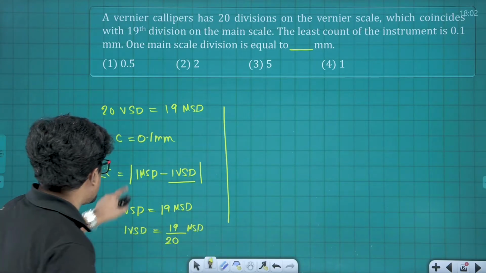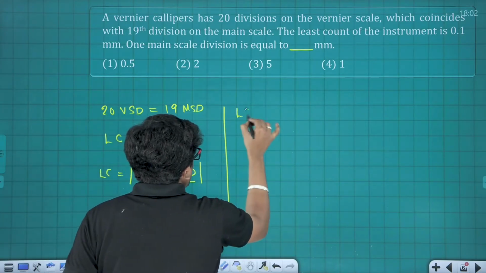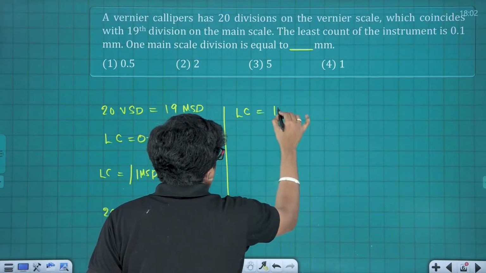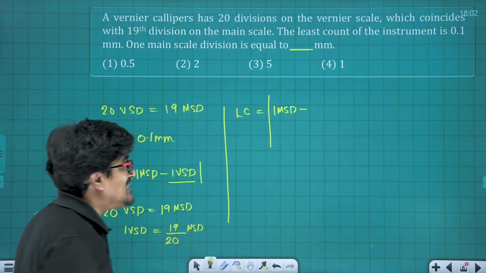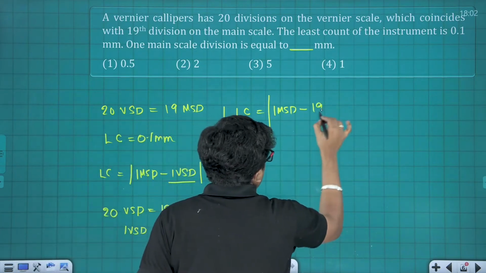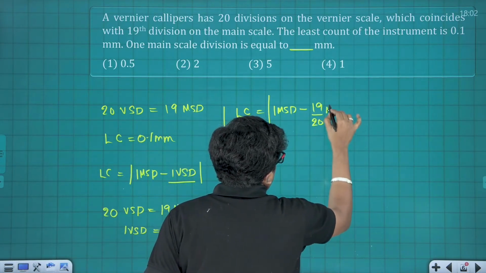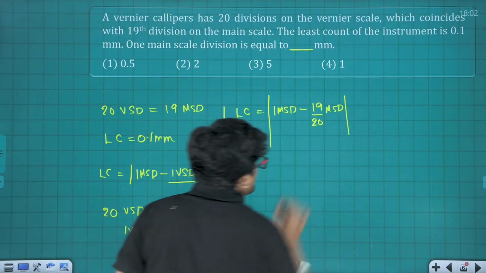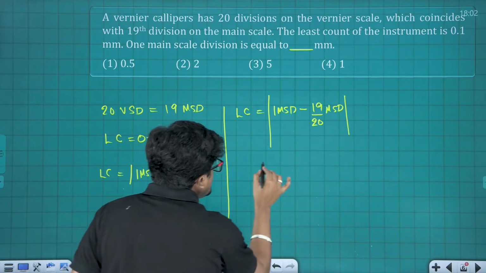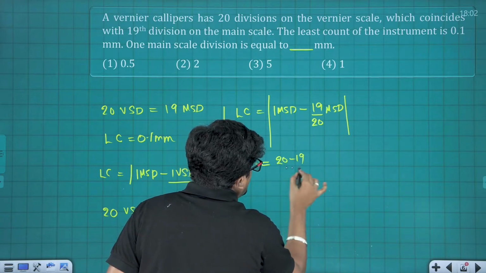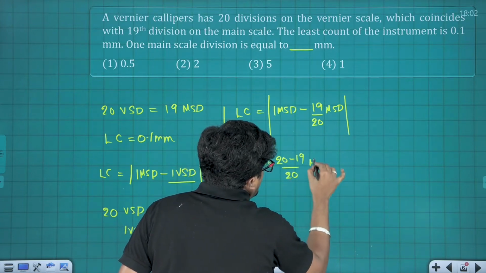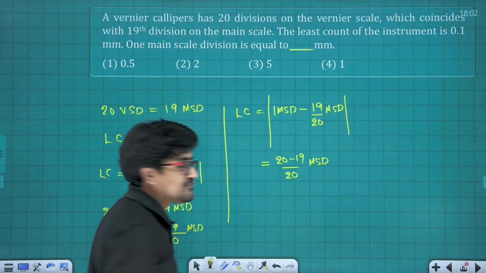Okay, now let me substitute that here. Least count, that is supposed to be 1 MSD minus 1 VSD, is 1 MSD minus 19 by 20 MSD. Here this will be 20 minus 19 upon 20 MSD.